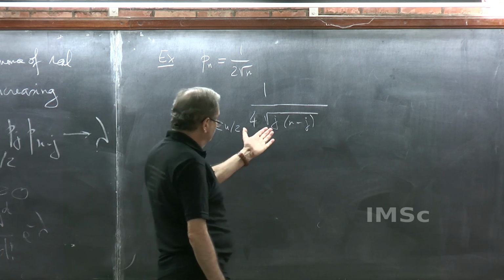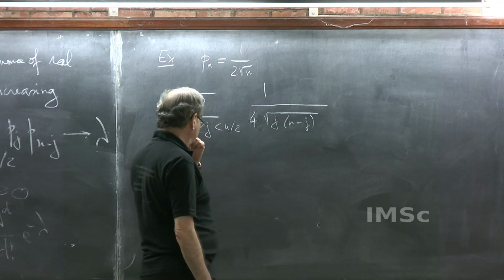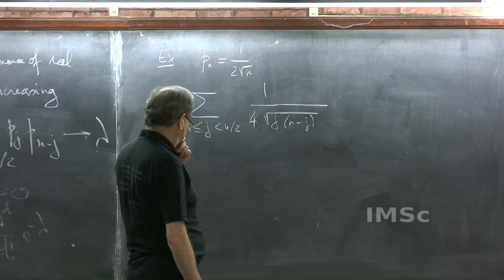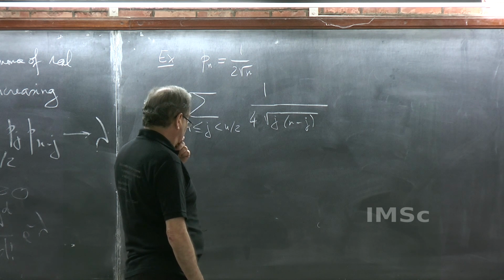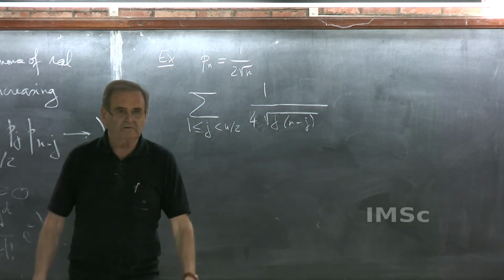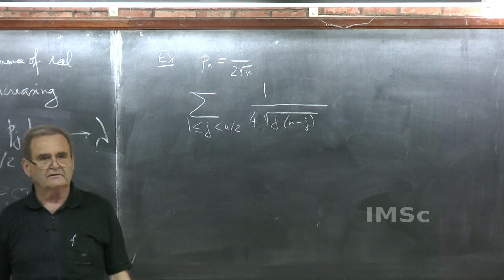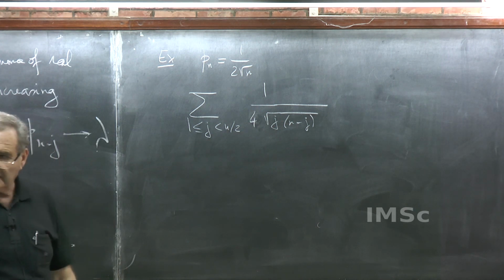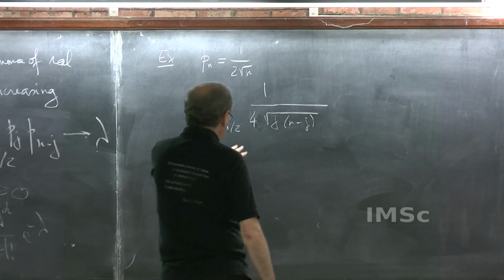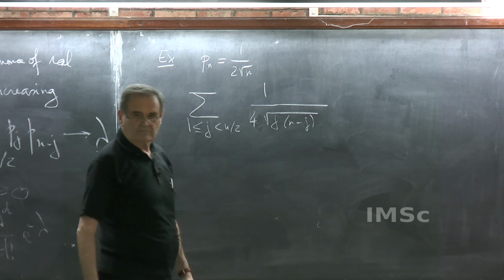Essentially, you may approximate that by some integral, and so you get something which is some beta function or something of the kind. And so essentially, when n is large, this will be something like a constant.